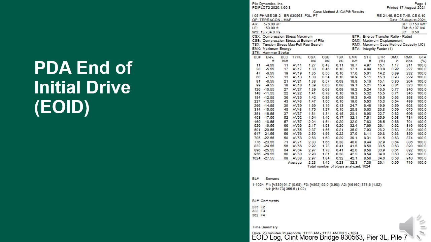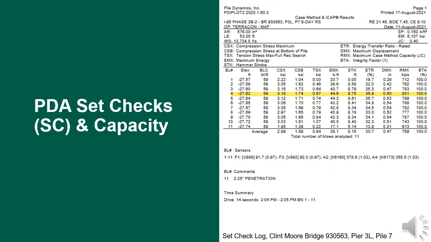We also have the energy of the hammer, measured with the EMX. This is to ensure that we have enough energy in the hammer to develop the forces so that when we compare them later on, they're nice and strong. Because when you come here, this is the set check file. Now you see how there's also the same values recorded here.